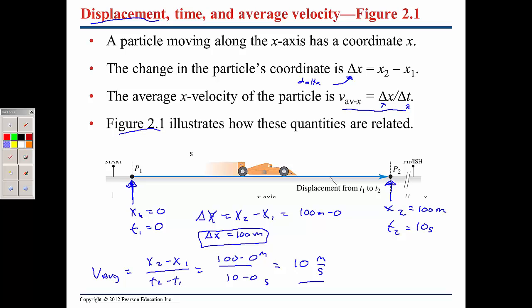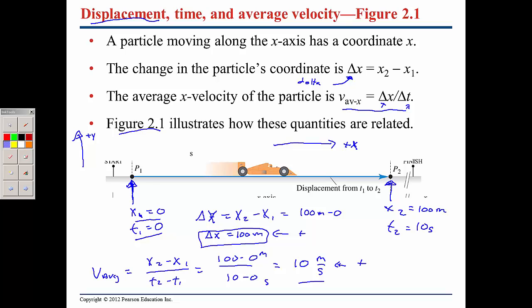Now the book gives an example of initial time and initial position not being equal to 0 if you'd prefer to see a slightly more complicated version of this. Now, the change in position and the velocity are both positive. What that means is we've defined positive to be in this direction from left to right. This is the positive x direction. Similarly, we typically tend to define the positive y direction to be upwards.